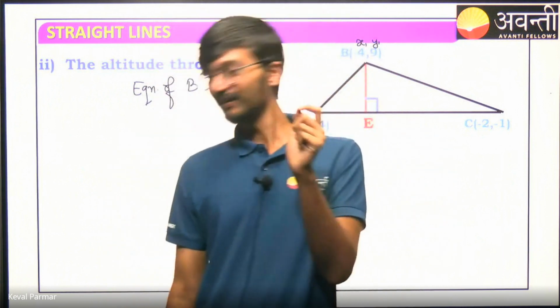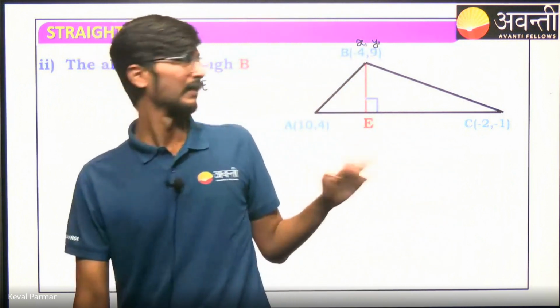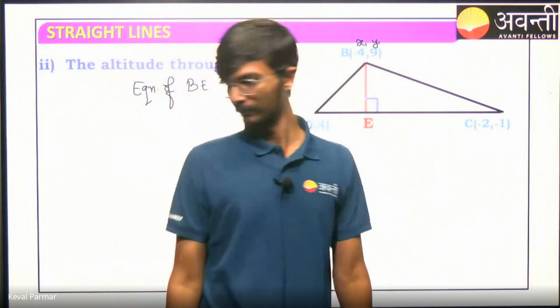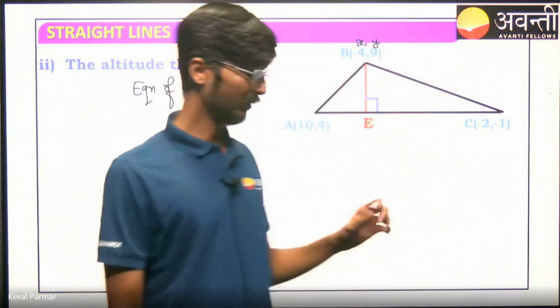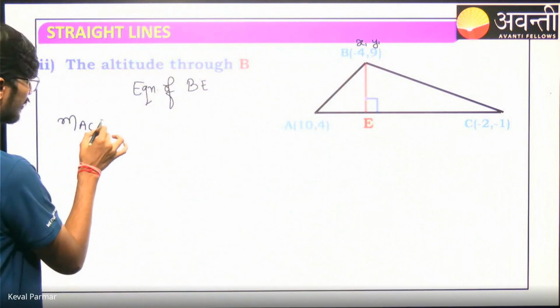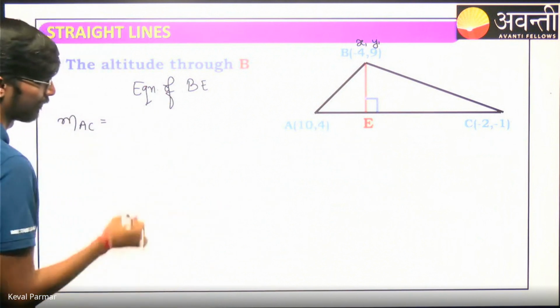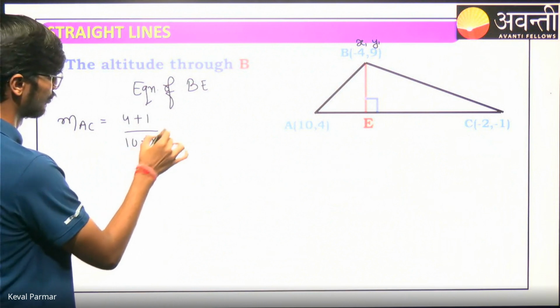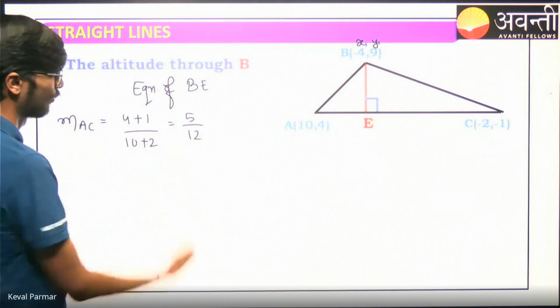You can clearly see from the diagram that BE is perpendicular to AC. BE is perpendicular to AC. So first, let's find the slope of AC. What will be the slope of AC? 4 plus 1 upon 10 plus 2. So basically 5 by 12.